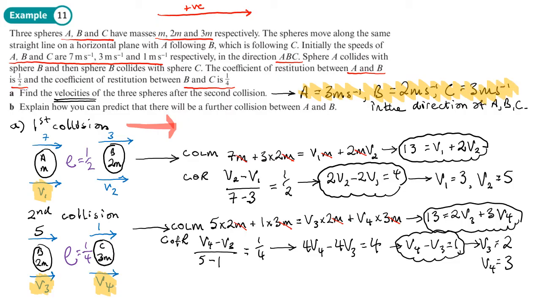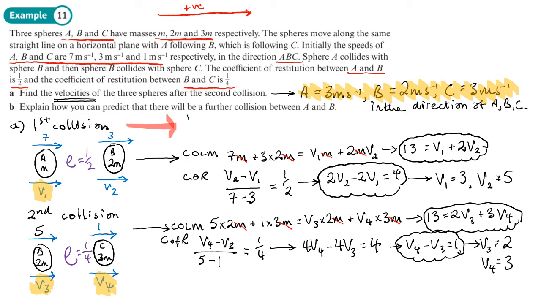And part B says, explain how you can predict that there will be a further collision between A and B. Well, it's because if we look at the speed of A, it's now faster than the velocity of B, so there's going to be a further collision. And I suppose we could work out, if we wanted to, what's going to happen after that third collision.